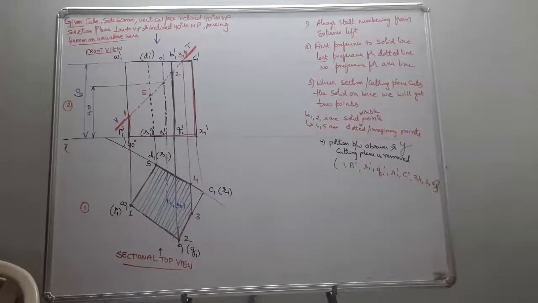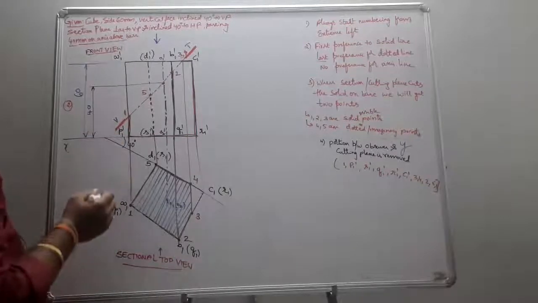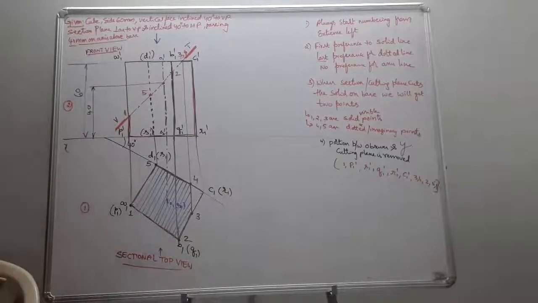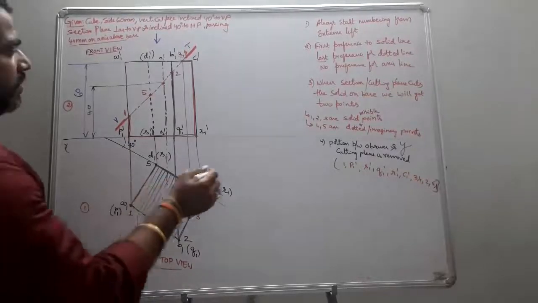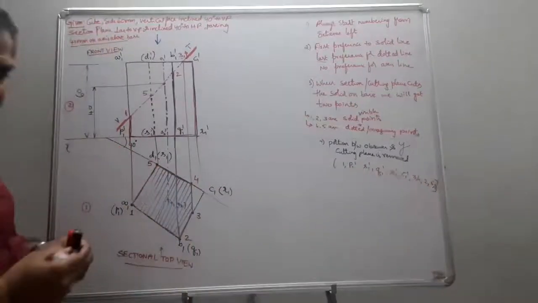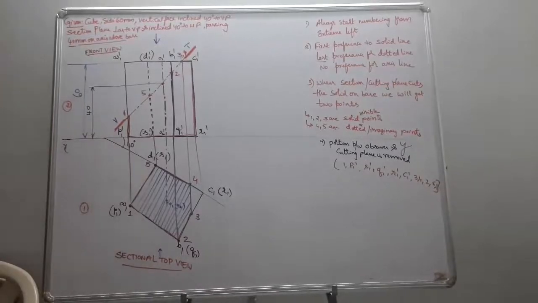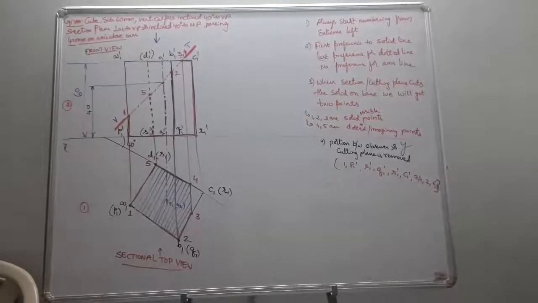So how can we obtain the true shape? Simply draw a reference line parallel to your vertical trace. All of you just see. In general, if space is permissible, we can go on top of the XY.